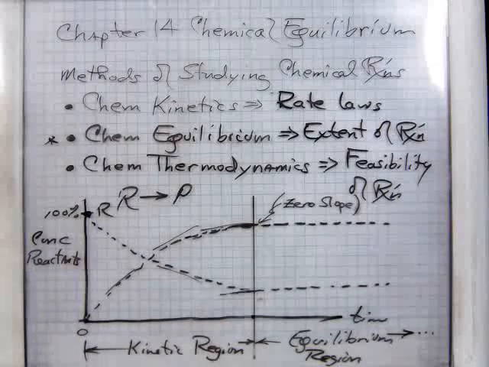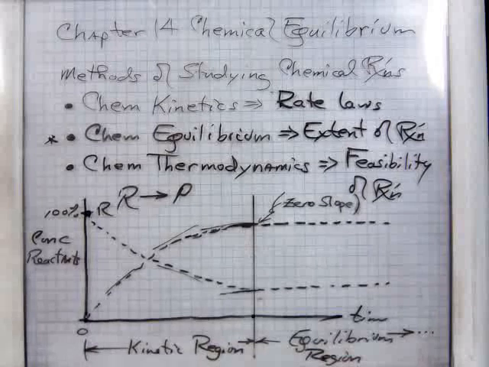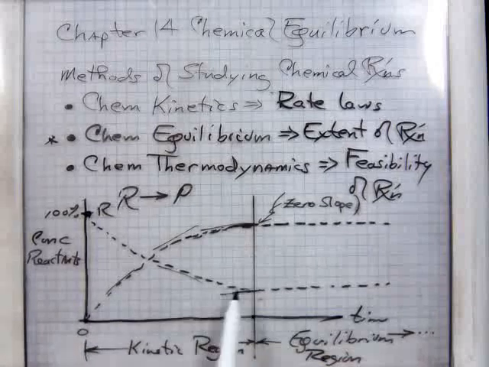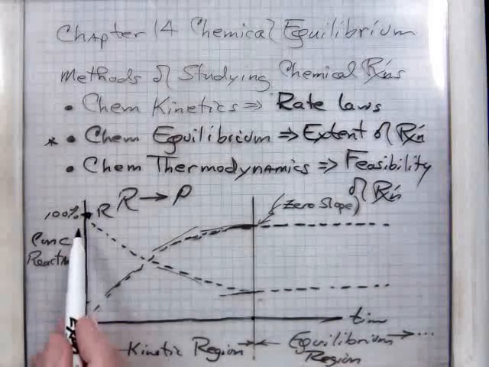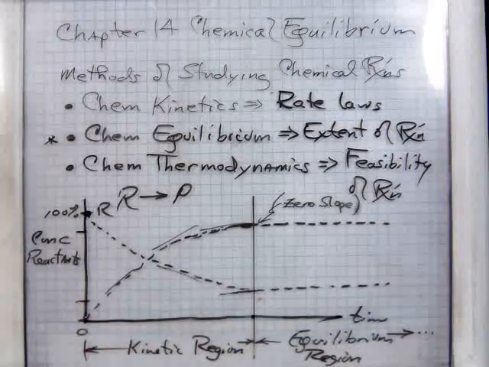And it continues. Now, you'll notice that the concentrations do not appear to undergo change, and that's one characteristic of equilibrium. The values of the concentrations reach a point at which there is no apparent change in concentration.